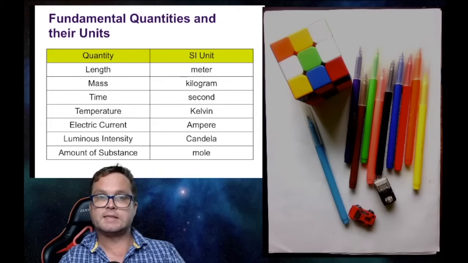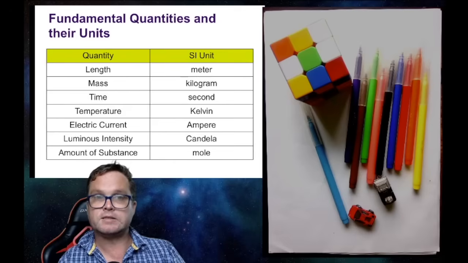Other quantities is the electric current. You would have seen that before from school, and you would have heard of the ampere. This is one that you may not be familiar with, luminous intensity. The SI unit for this is the candela. So perhaps when you buy a TV, an important spec for the TV is, how bright is the screen, and this would then be reported in candela.